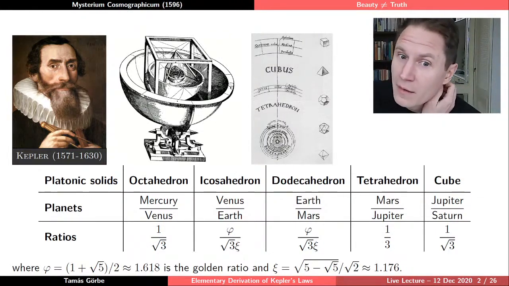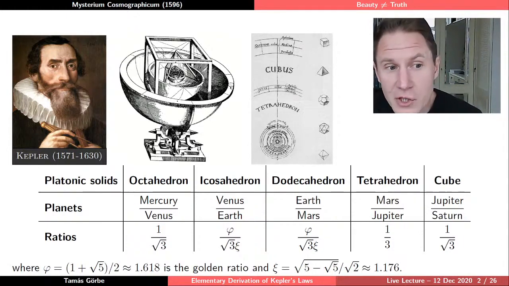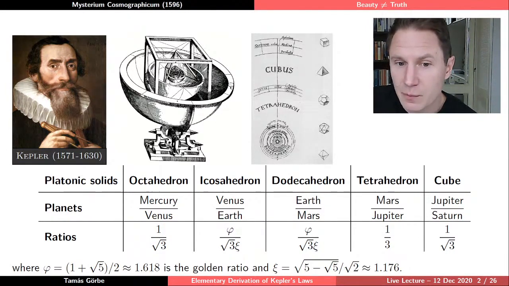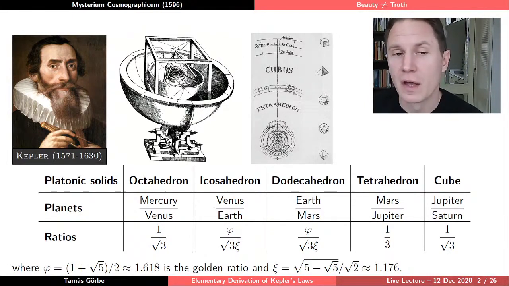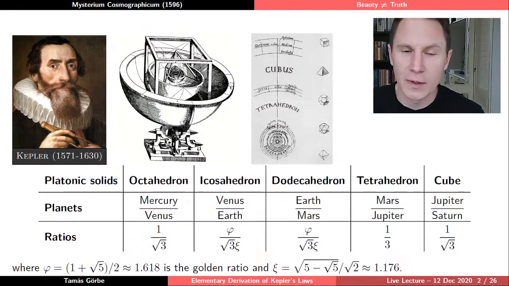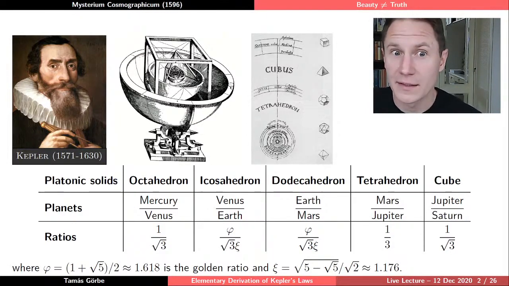So Johannes Kepler, the German astronomer, mathematician, had this idea at the end of the 16th century that, well, at the time there were 6 planets known in the solar system, and he had this idea that maybe the number 6 has to do with the fact that there are only 5 Platonic solids.